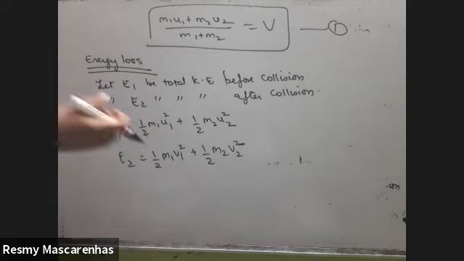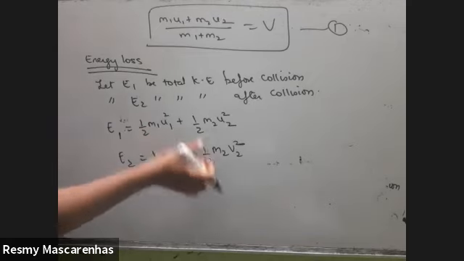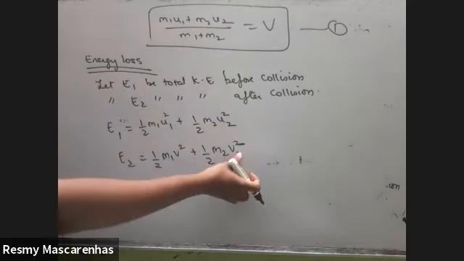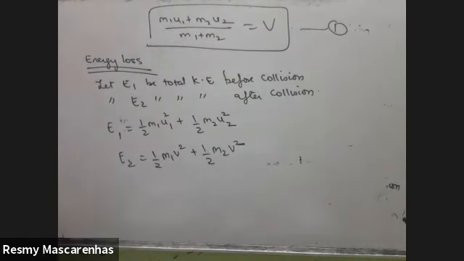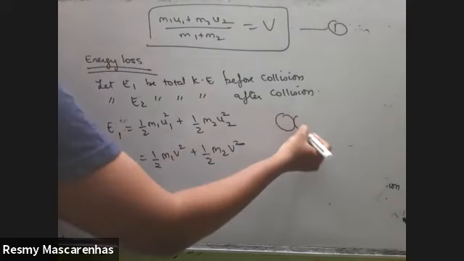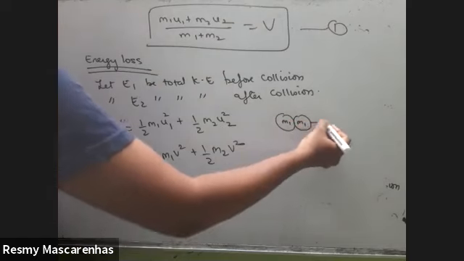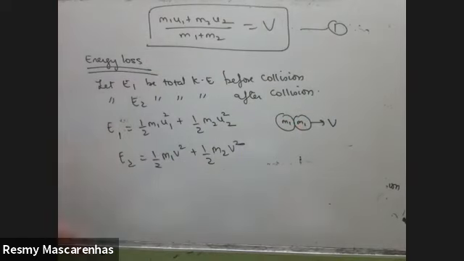But in this case, for perfectly inelastic collision, I'll take it as v only, not v1 and v2, because I told you both are moving at the same velocity v. Initially, definitely they're having different. Just look at the diagram, you'll understand. Before collision, it is u1 and u2. But after collision, both are having same v.